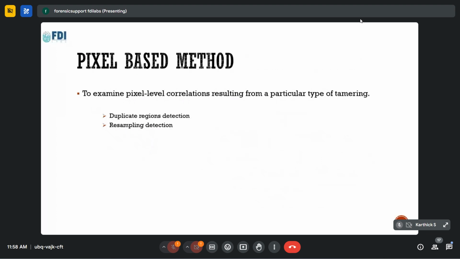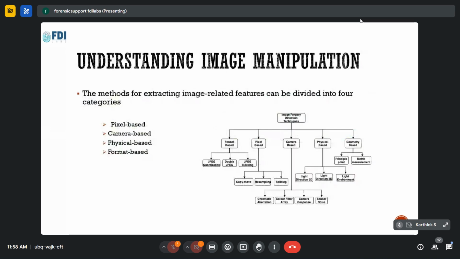So what is the pixel based method? It usually detects the content of the pixel level correlation. Camera based methods try to extract the features of the camera which are introduced into the image by the camera. The third is the physical based method.